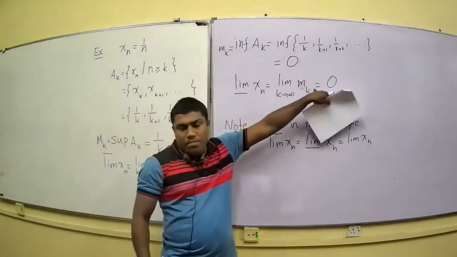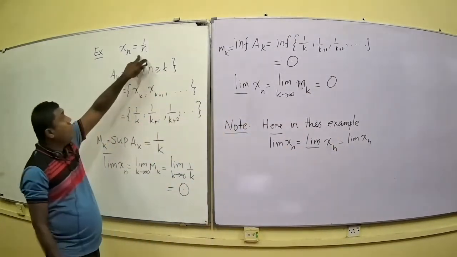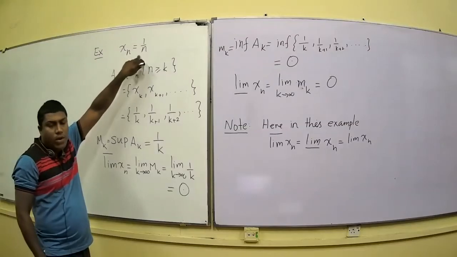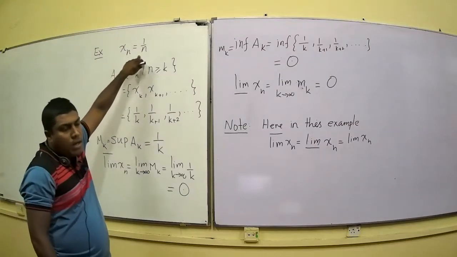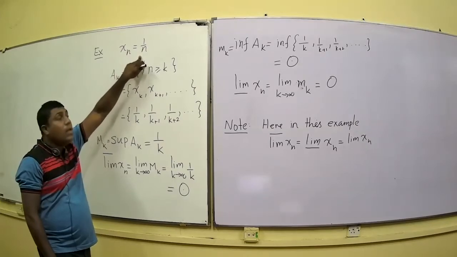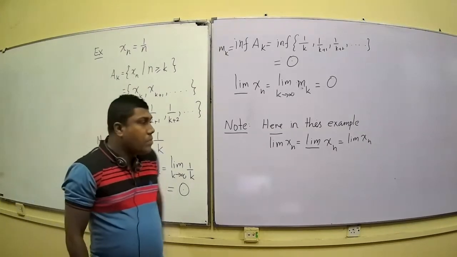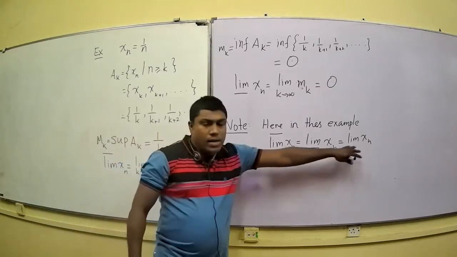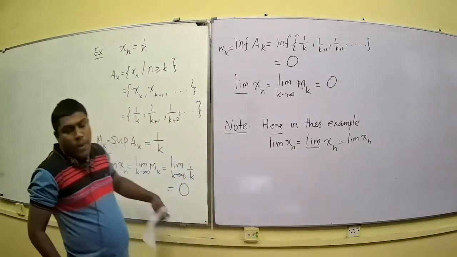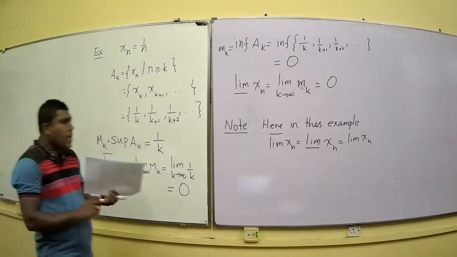They are 0. And you already know that the limit of this sequence x_n is also 0. We proved that at the beginning of this chapter 2. We see that the limit of 1 upon n is 0, and we know how to prove it. So here in this example, you can see that lim sup, lim inf and the limit of the sequence are the same.